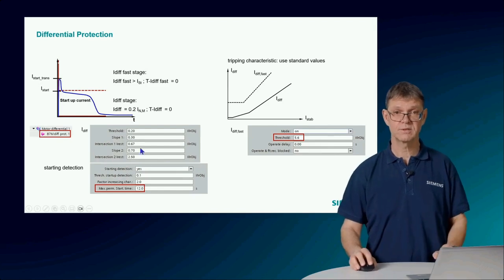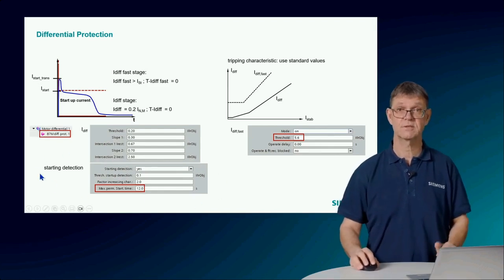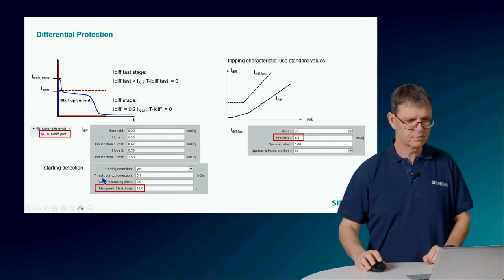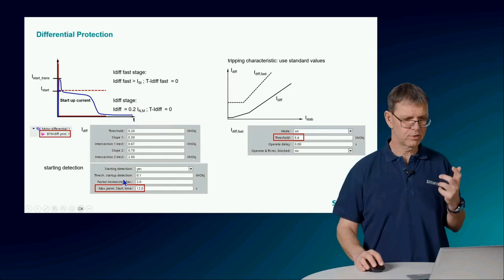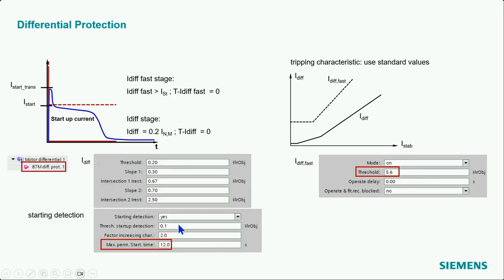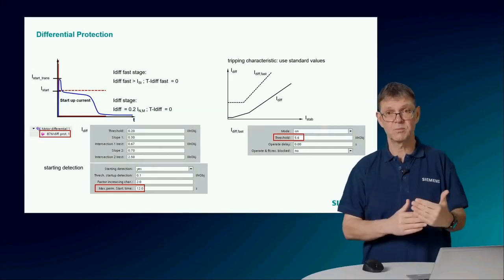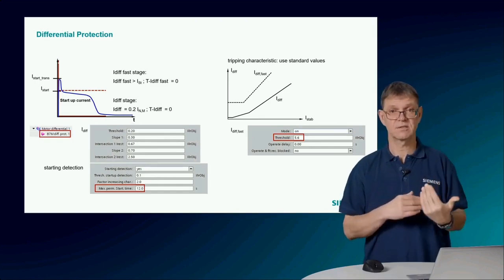This we can do with this additional block of settings, the starting detection. On the one hand, we have a threshold where we say if the current drops below this threshold, we go to the standstill mode. And in that moment we already increase the tripping characteristics, so that when we switch on the motor, it's already less sensitive right from the beginning.